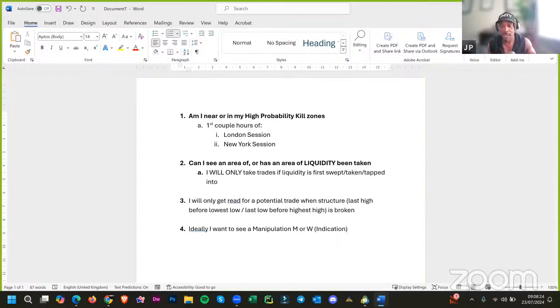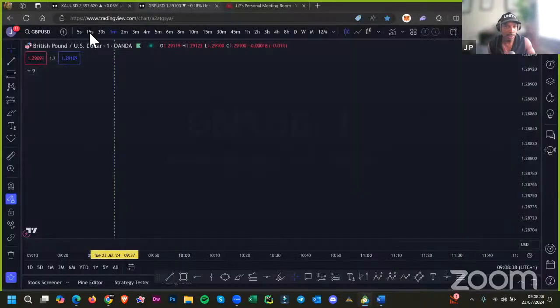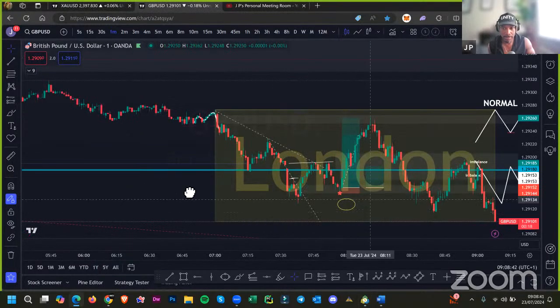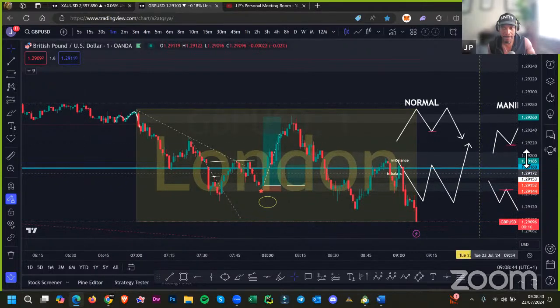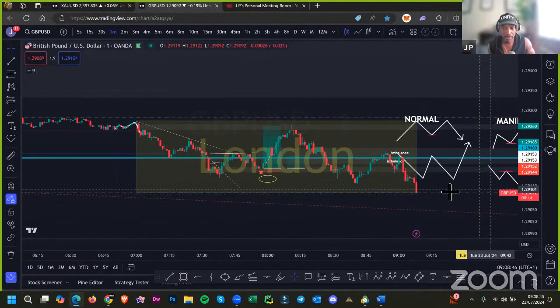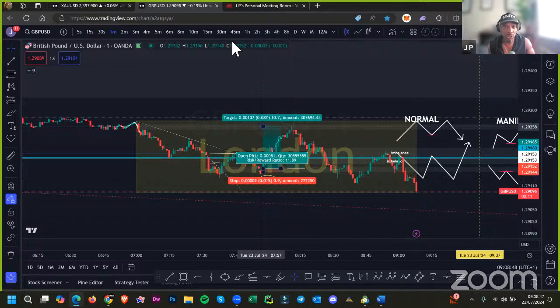All right. Let's see what's ringing, what's alerting. GBP USD is alerting. So a quick glimpse of why it's ringing. We're breaking down below the structure.